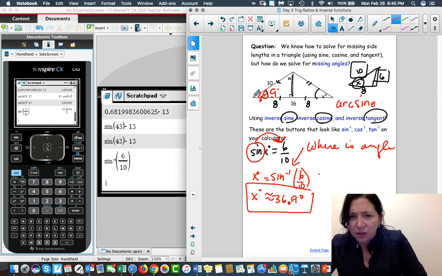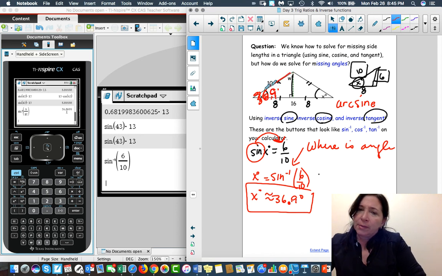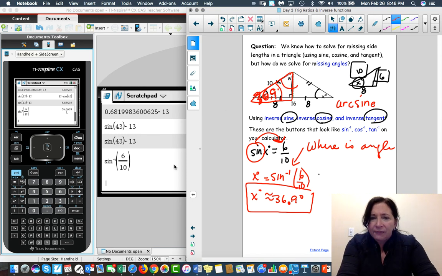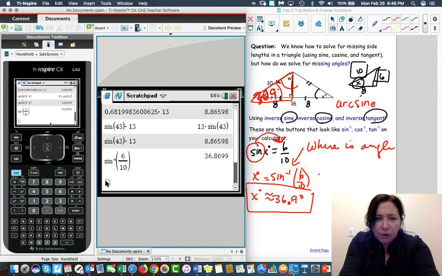Well, you don't have to do this whole thing again because remember, a triangle has a sum of 180 degrees. And these two angles here are complementary, meaning they both add up to be 90. So all I have to do is find the other angle, so I'm going to just do it in my head.